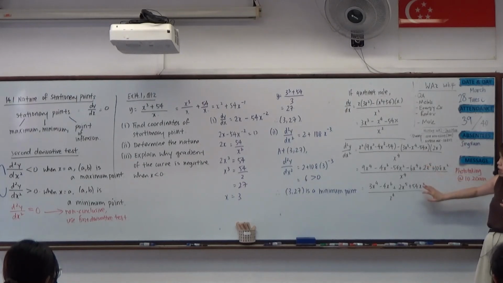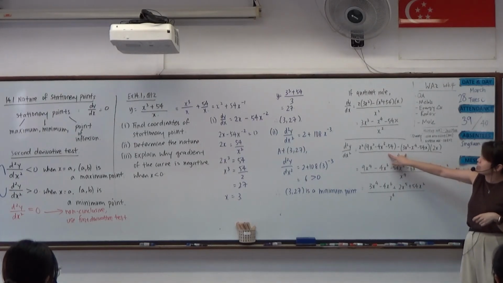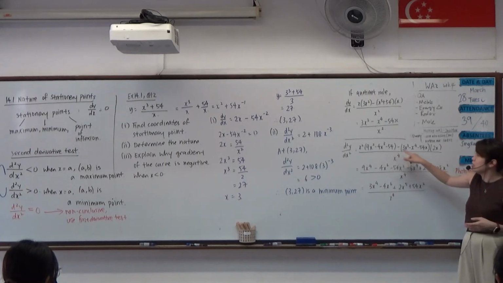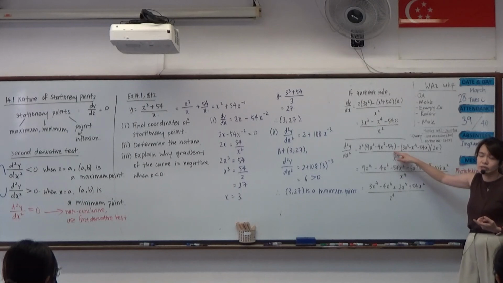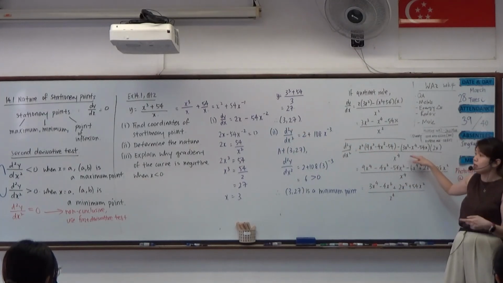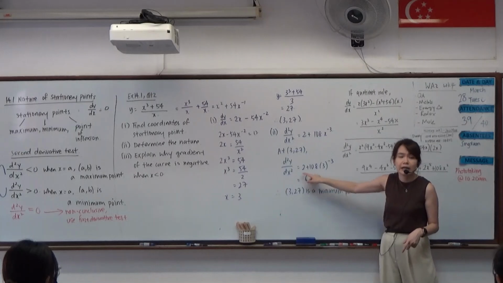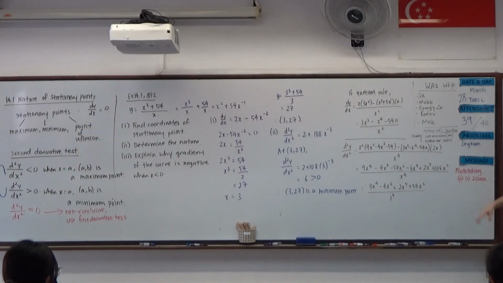So it is definitely more tedious when using quotient rule itself. Although for the second derivative test to be applied, there is actually no need to simplify. You can stick to here, take your x value and substitute into it. You should get the same value 6 as well. So that is the challenge when it comes to quotient rule.